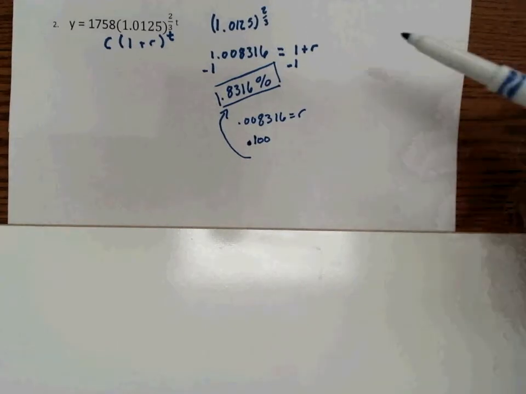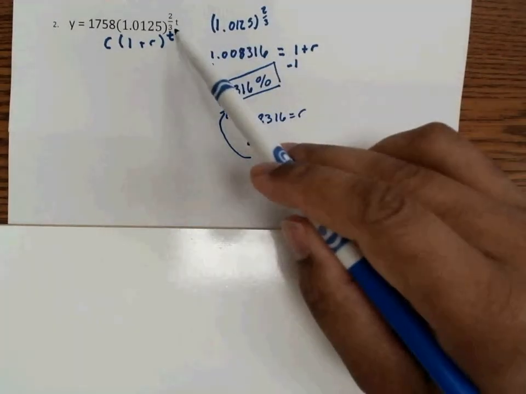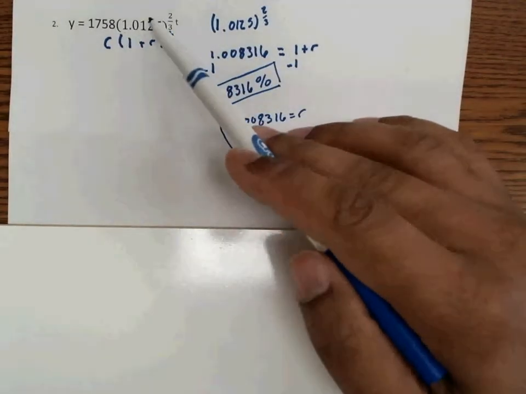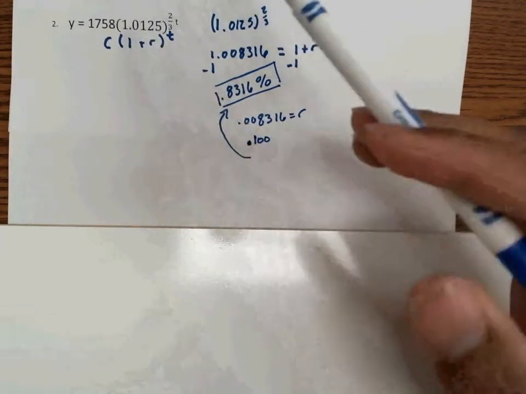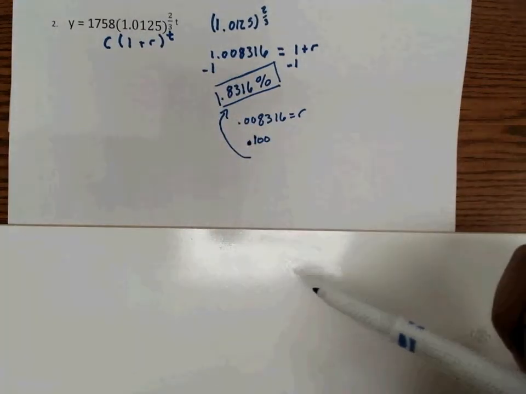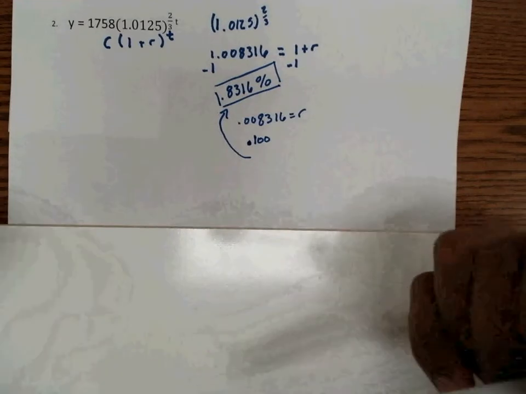So again, remember, if there's an exponent on the outside, make sure you raise the inside of your parentheses to that power, and then subtract your 1 and then multiply by 100.